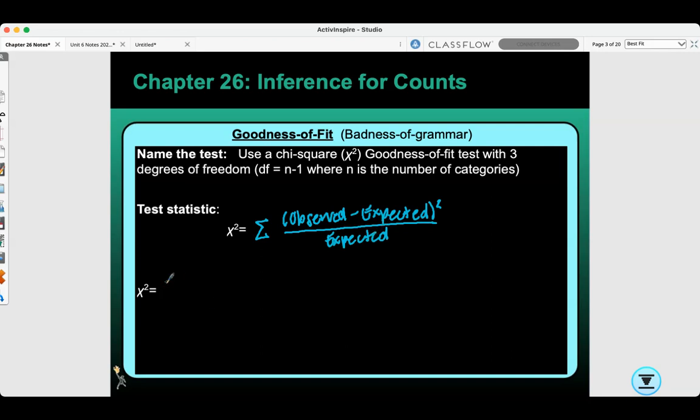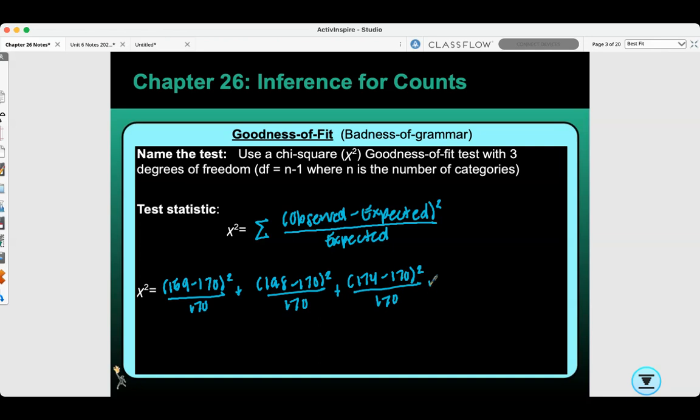So to find our chi-squared test statistic for lemon lime, it'd be 159 minus 170 squared all over 170. Plus, for kiwi strawberry, 198 minus 170 squared all over 170. Plus, for tropical punch, 174 minus 170 squared all over 170.